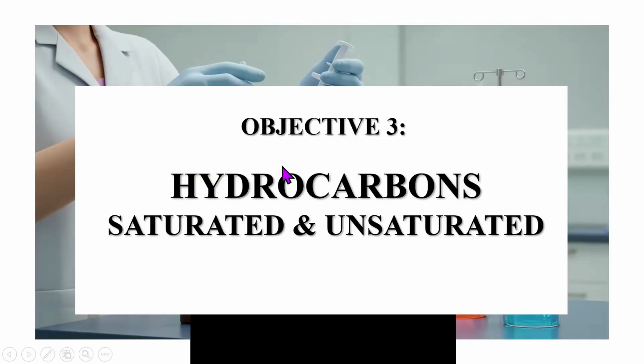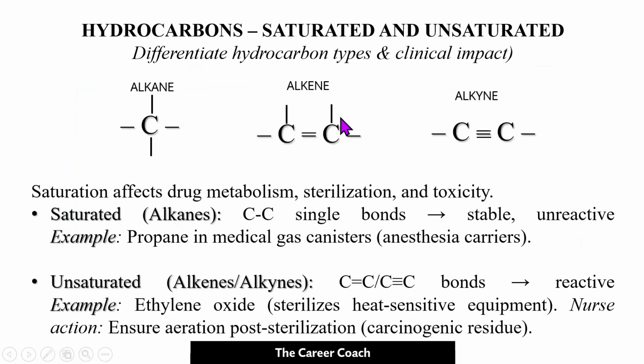Objective number 3. We want to look at hydrocarbons, and here we focus on saturated and unsaturated hydrocarbons. As we all know, hydrocarbons simply involve hydrogen and carbon atoms. They could be saturated or unsaturated. We differentiate hydrocarbon types and clinical impact.